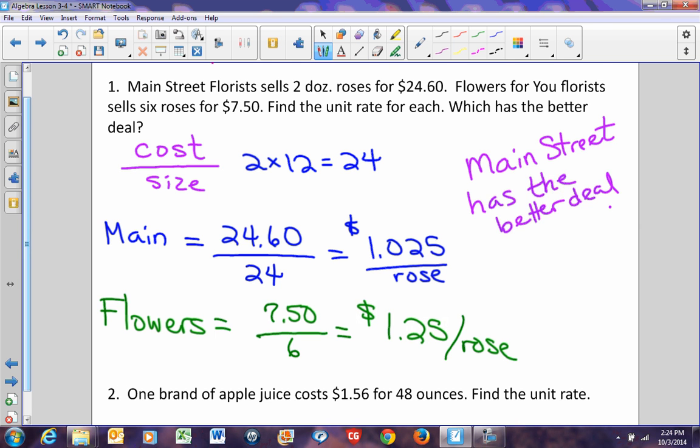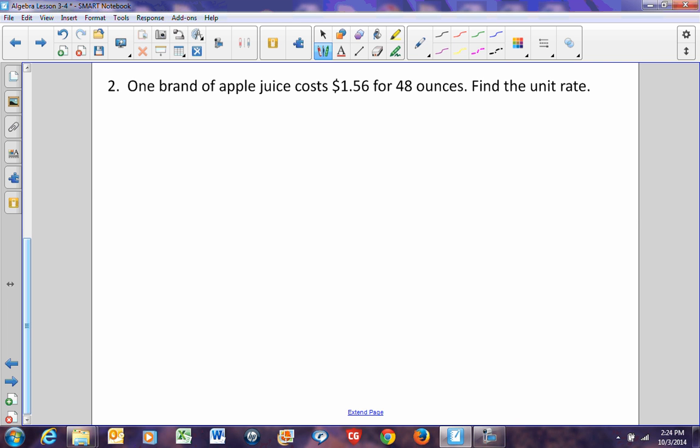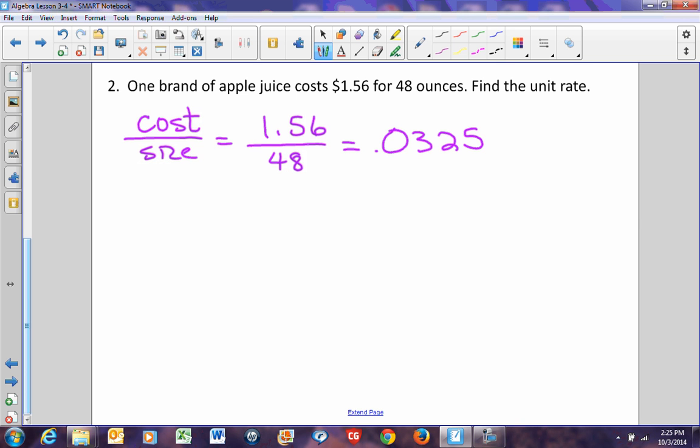Okay, let's look at another problem. One brand of apple juice costs $1.56 for 48 ounces. Find the unit rate. Okay, remember, unit rate is cost divided by size. So in this case, that would be $1.56 divided by 48 ounces. If we put that in the calculator, 1.56 divided by 48, you're going to get 0.0325, or approximately 3 cents per ounce.